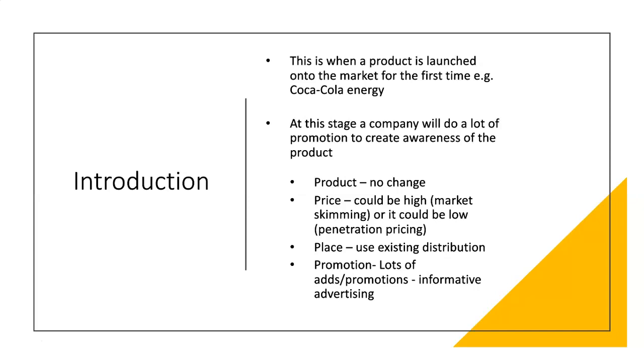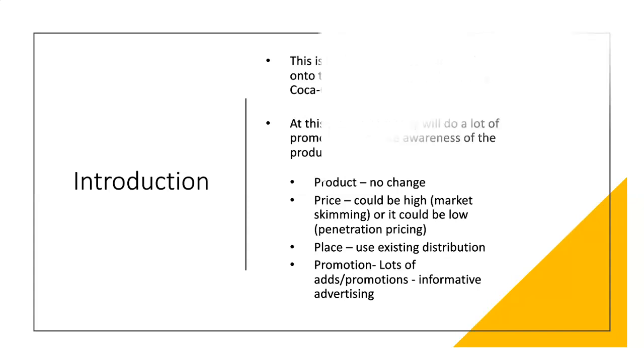Product, no change. Price could be high, market skimming, or could be low, penetration pricing. Place, use existing distribution. And promotion, lots of ads and informative advertising. So that's the introduction of the product life cycle. Let's move on to the next slide.